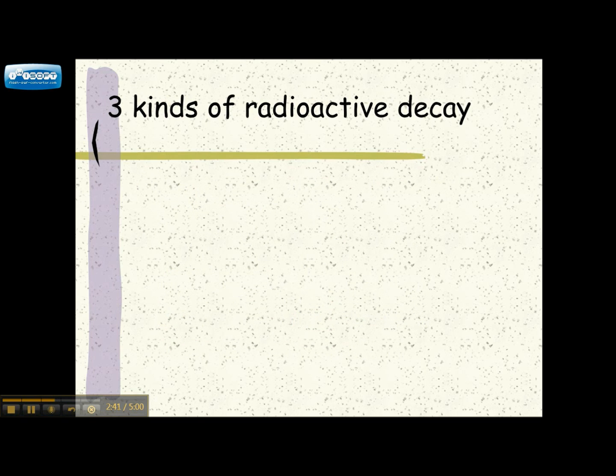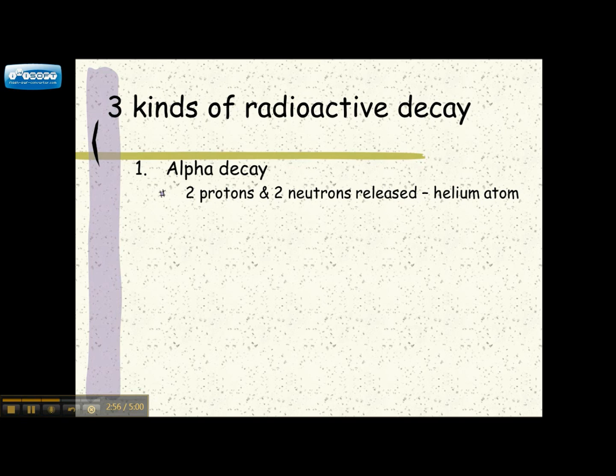So the three kinds of radioactive decay, we have alpha, beta, and gamma. Alpha decay is whenever you release a particle, and this particle is specifically a helium atom. This helium atom has 2 protons and 2 neutrons. So the nucleus is releasing 2 protons and 2 neutrons.